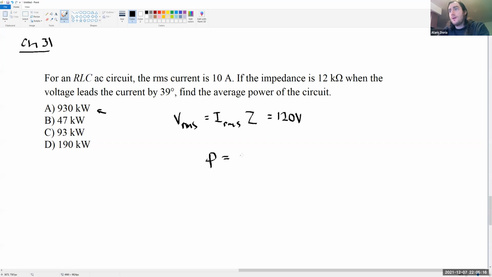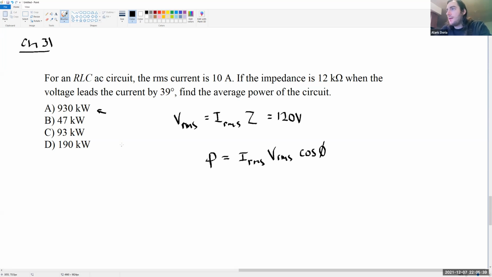So power is I RMS V RMS, but we need to account for the phase angle here. So the phase angle, when it's not 0 degrees, in other words resonance, multiplies in as a cosine of the phase angle.